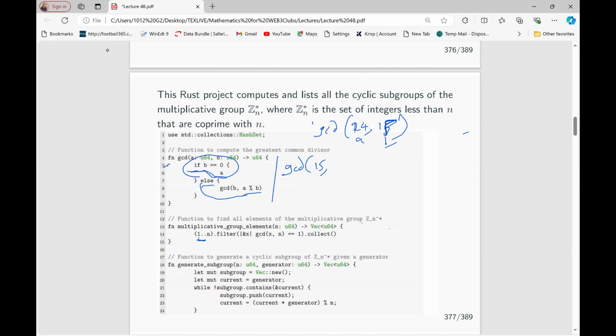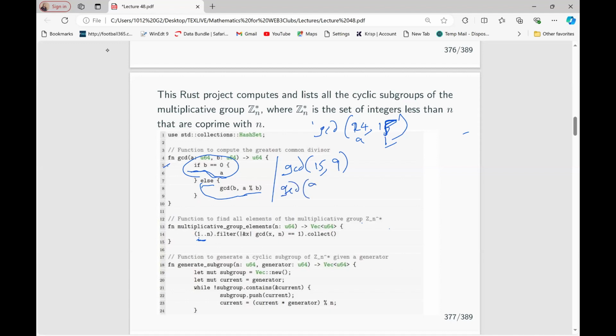When I divide that by B, what is the remainder? 9. Good. We do this until one of the elements becomes 0. None of the elements is 0, so we proceed and make another call.